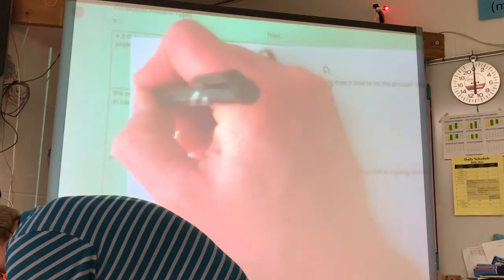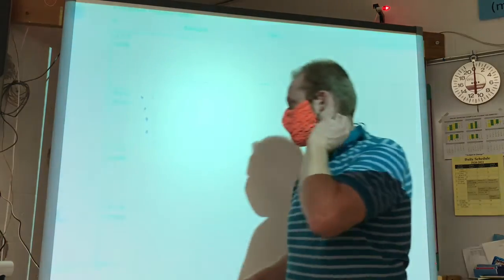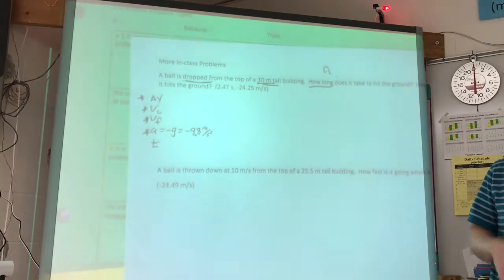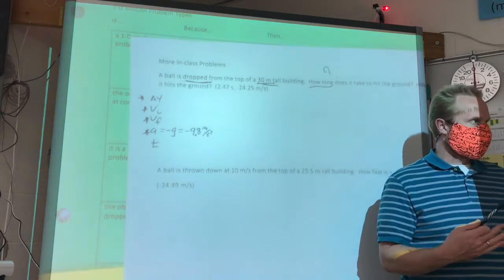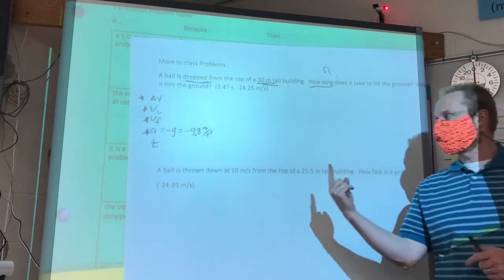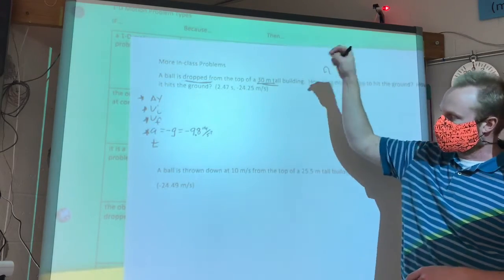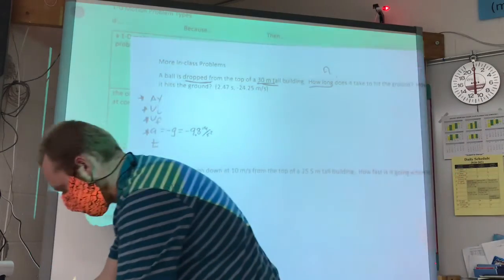I'm going to put a star next to the 4 variables that need a direction associated with it. If it's going in the positive direction, we don't need it. It's implied as positive. We don't put it. But if it is in the negative, we must put a negative. And if we're talking about the y direction, up is positive, down is negative. So gravity's pulling this thing, causing it to accelerate downwards. That's why we have to have that negative g.